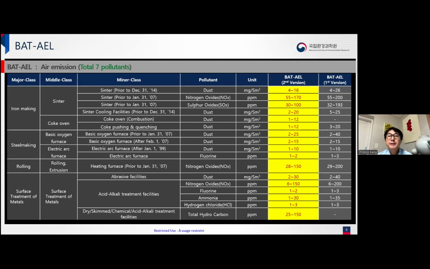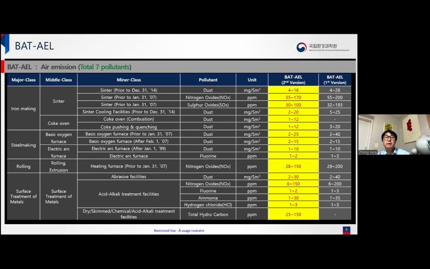Before showing the AEL values, I'd like to address that we have different methodologies from the EU to calculate BAT-AEL. I presented our unique methodology in my previous presentation, I think in 2018 or 2019. So a direct comparison of our values with EU countries' AELs is not suggested. I will not read these values, but you can compare your values and our values.